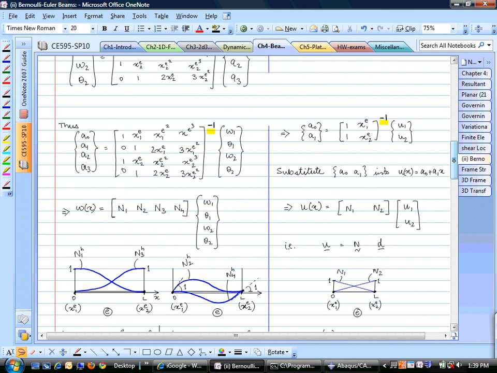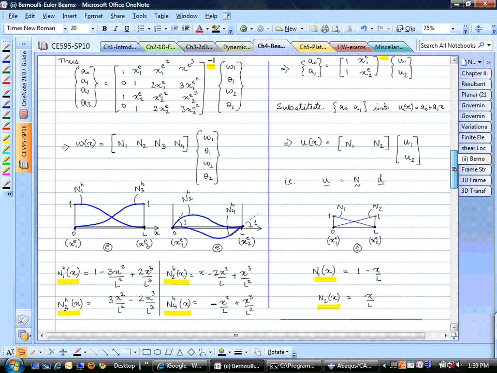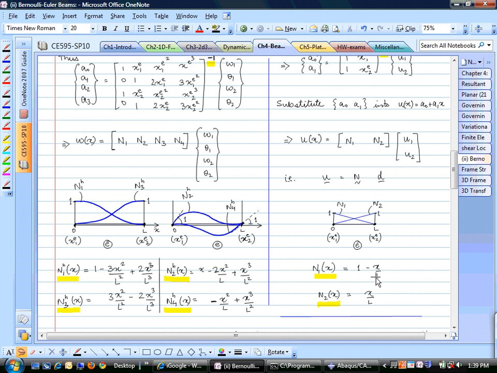And these are the same old shape functions that we had for one dimension. N1 is just 1 minus x divided by L. X is going from 0 to L. That's the length of the element. And N2 is simply x over L. So you can plug those values in and see that those two shape functions go to 1 at their node and 0 at other nodes and so on. That's how we constructed that.